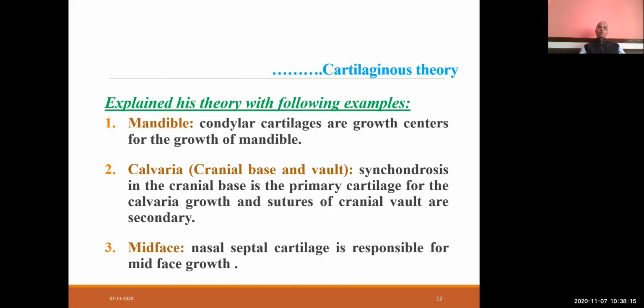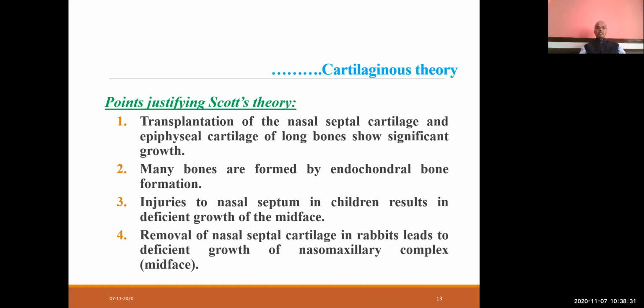Means in craniofacial growth, the synchondrosis, which is cartilage, is the primary cause, whereas in the cranial wall, sutures are secondary. And in the midface, the nasal septal cartilage is responsible for midface growth. The points justifying Scott's theory were that transplantation of nasal septal cartilage and epiphyseal cartilage of long bones shows significant growth, and many bones are formed by endochondral bone formation.